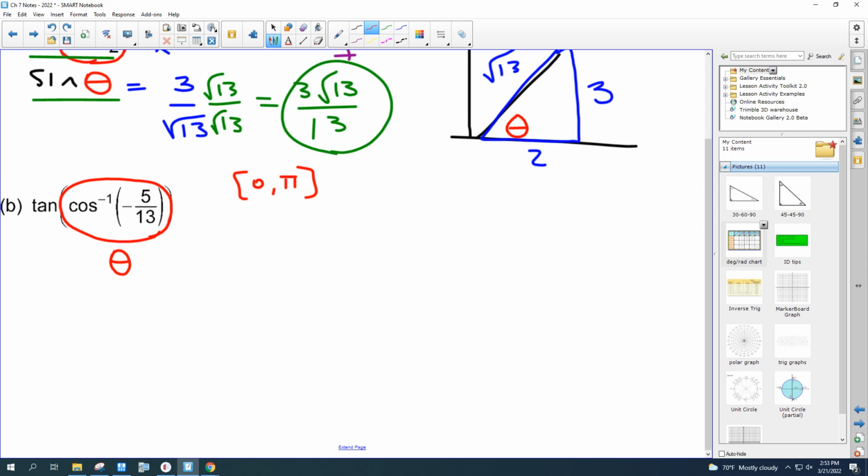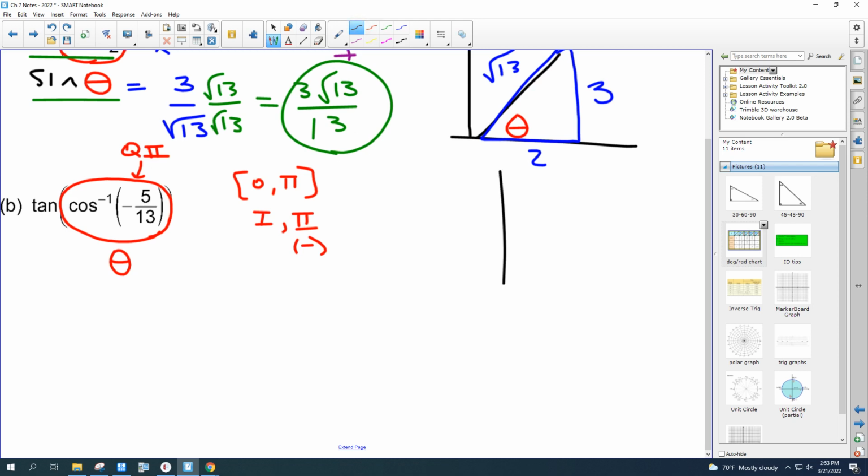So you want to think about what quadrant would give me a negative value. 0 to pi is quadrants 1 and 2. This negative value is telling me make sure you put it in quadrant 2. Okay, negative quadrant 2.